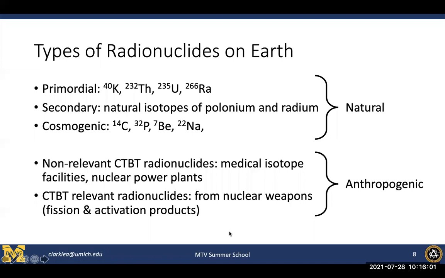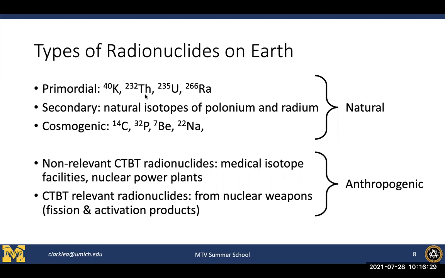But radionuclides aren't really new. They weren't just products made from nuclear explosions. They've been around for many years, even prior to the CTBT. We have natural radionuclides, and then we have anthropogenic ones, meaning man-made ones. For the natural radionuclides, we have primordial ones, meaning that they have existed on Earth since its beginning.